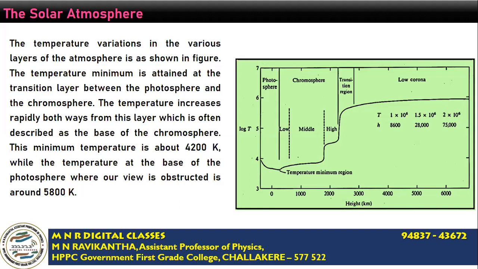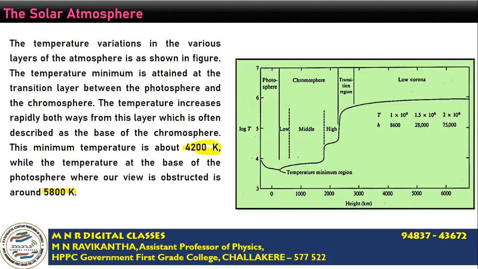Starting from the base of the photosphere, that is the outer surface of the sun, the temperature is about 5800 Kelvin. As we move from the base of the photosphere towards the chromosphere, the graph depicts that the temperature decreases and reaches a minimum of 4200 Kelvin.